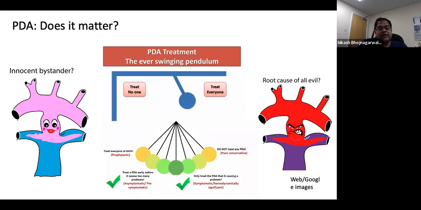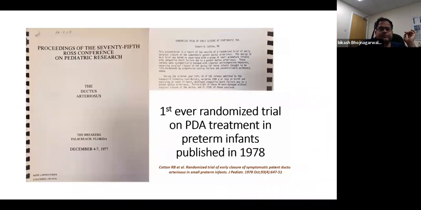Somewhere in the middle, we have taken the middle path where we identify significant or pre-symptomatic ducts, and we start treating them or treat them when they're hemodynamically significant. So either we identify them before they become significant, or we treat them when they're significant. So this is what our practice is.